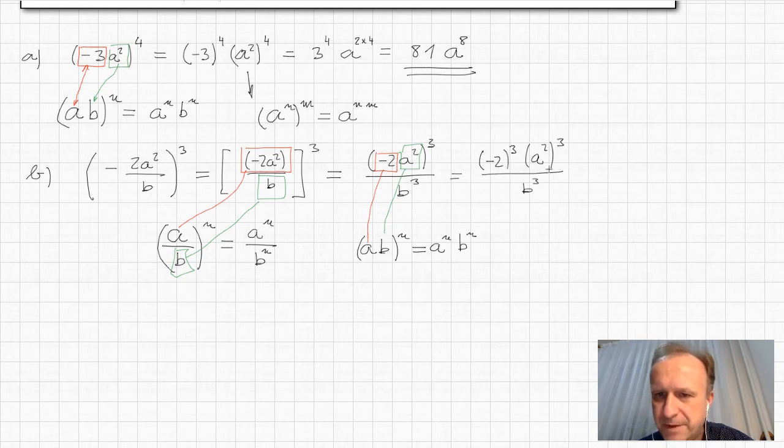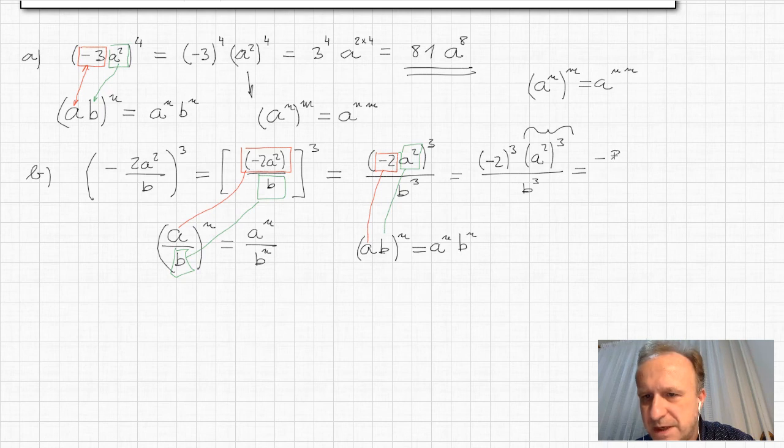Now, we may continue further because this can be simplified invoking the law that a to the power of n all raised to the power of m is a to the power of n times m. Before doing that, let me concentrate on this first factor, minus 2 to the power of 3. It's minus 2 times minus 2 times minus 2, so it's going to be negative 8.